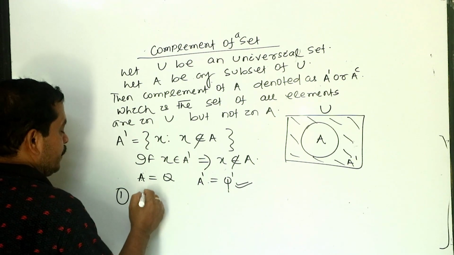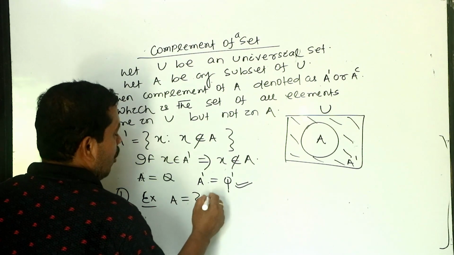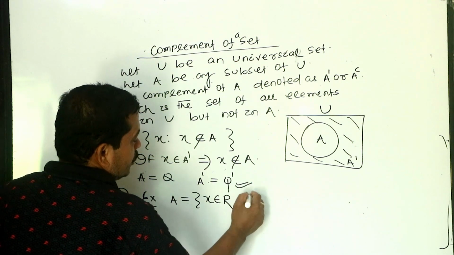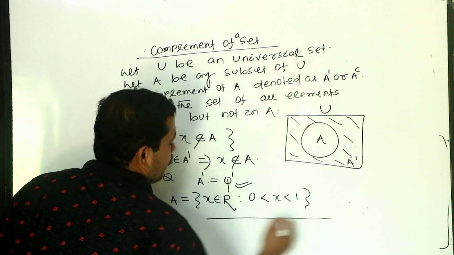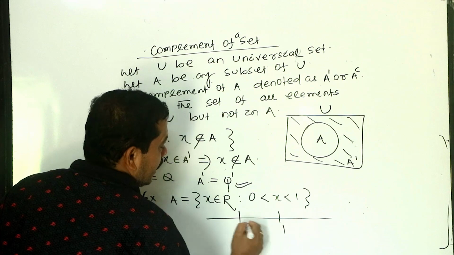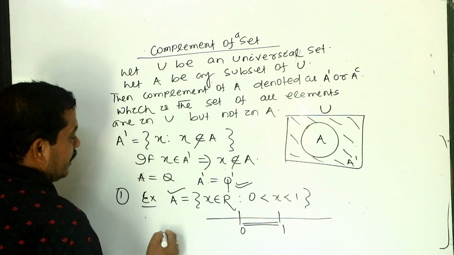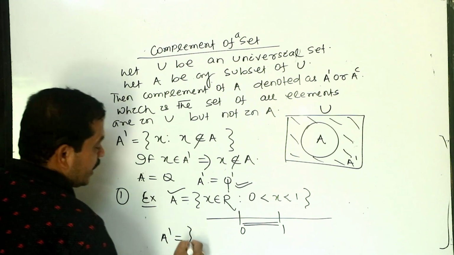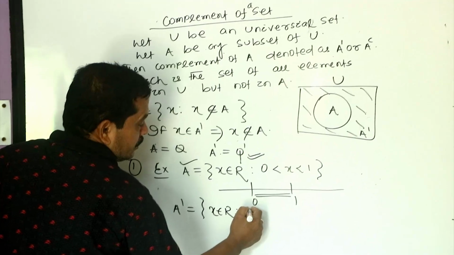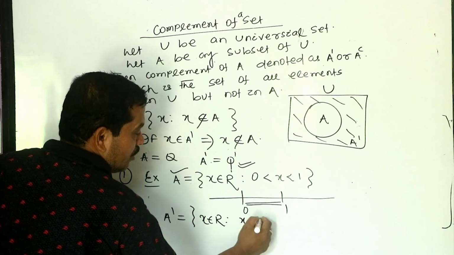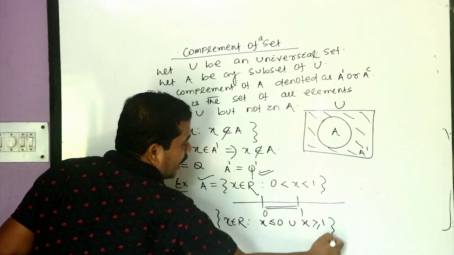For example, suppose set A contains all the real numbers 0 less than x less than 1. If we represent it on the number line, then all the real numbers from 0 to 1 are in set A. Then its complement contains all real numbers x less than or equal to 0 union x greater than or equal to 1.